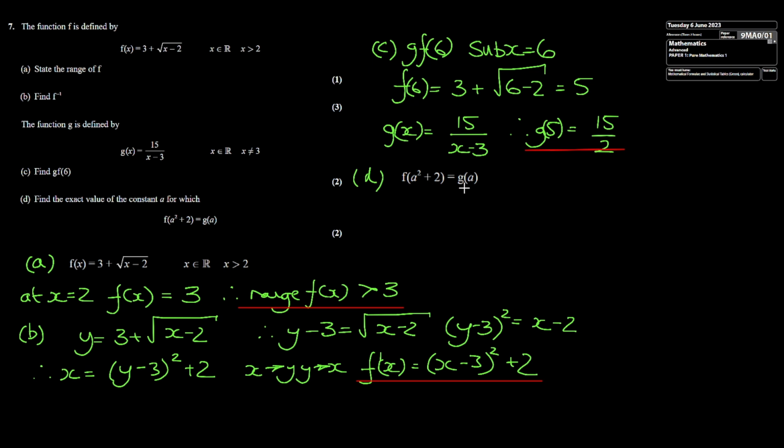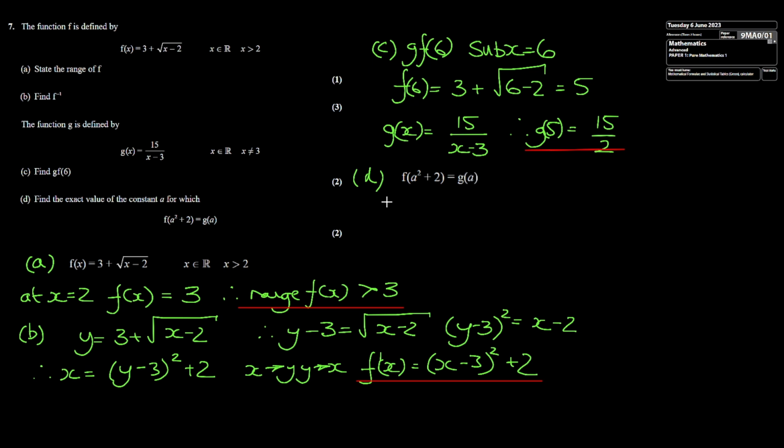So using both the functions, we've been given a link in A between those two functions, and we have to equate them both. So the first time we put this value in here, x squared plus 2 as x, and in terms of the g function, well, it's slightly easier. We just have to substitute x for a.